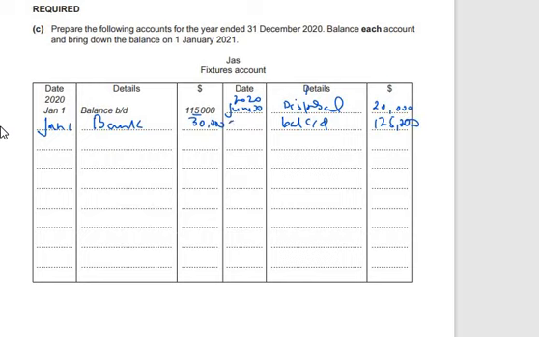So here we have a balance carried down of 125,000. Remember, this is 31st December, and we add both sides. So this is going to give us 145,000, and bring down the balance on January 1st, 2021. Balance brought down 125,000. All right.